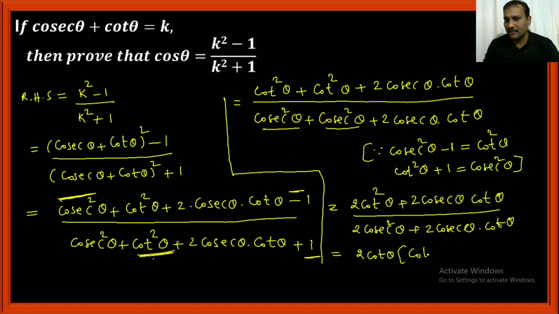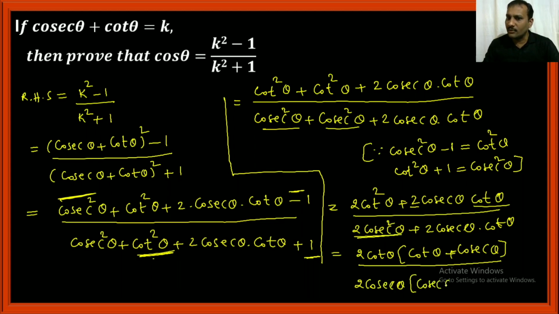Cot theta plus cosecant theta, by, from the denominator, you take 2 cosecant theta common. You will be left with cosecant theta plus cot theta. Now cosecant theta plus cot theta gets cancelled in the numerator and denominator.